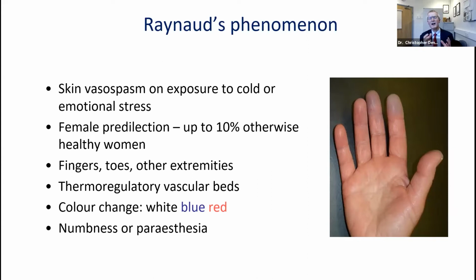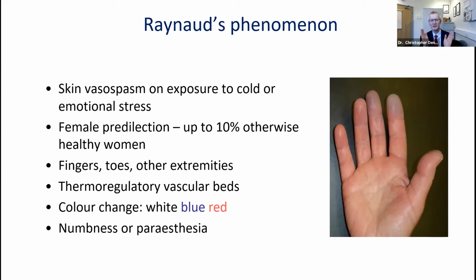But many patients describe color changes of blanching, cyanosis, and then suffusion, this triphasic color change that we would recognize as Raynaud's. And it is a clinical diagnosis. And to be true Raynaud's phenomenon, this has to be an episodic change.